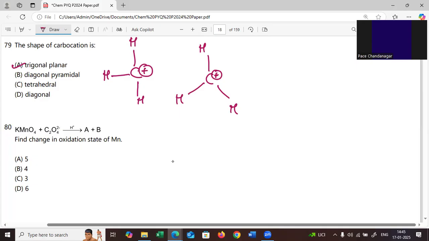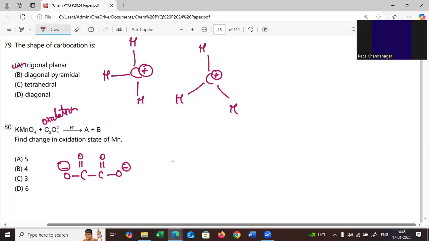Next, question number 80: you have KMnO4 plus C2O4 2-, the oxalate ion, with a negative charge here and a negative charge here.